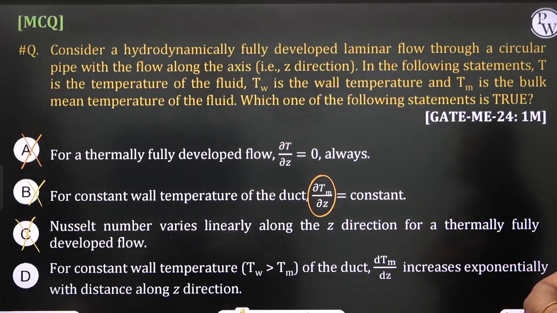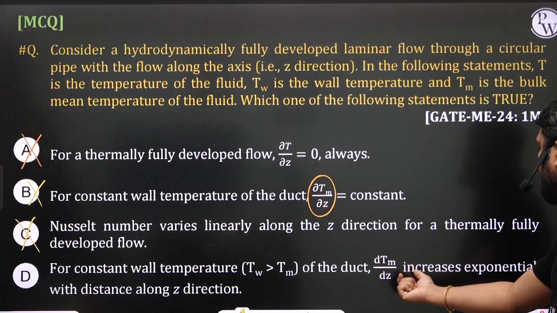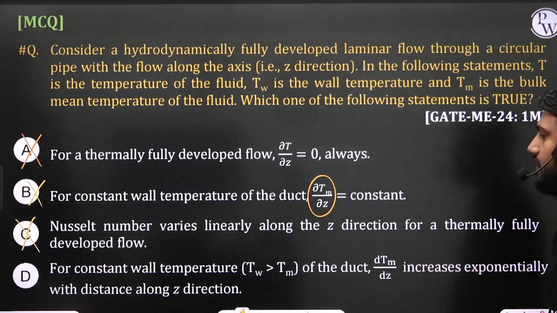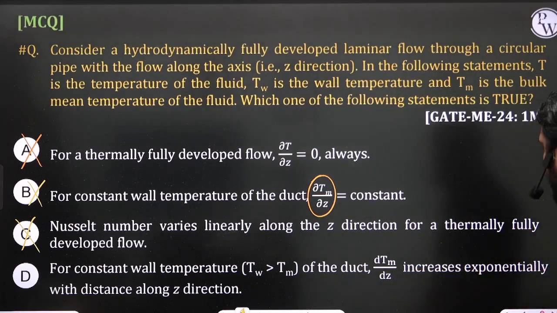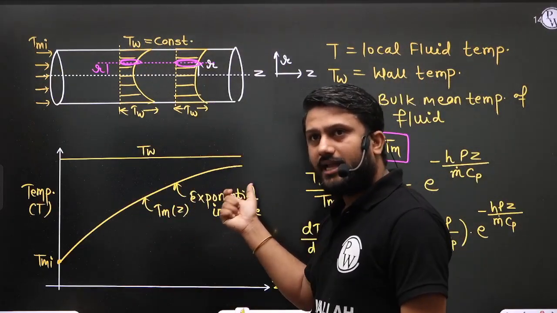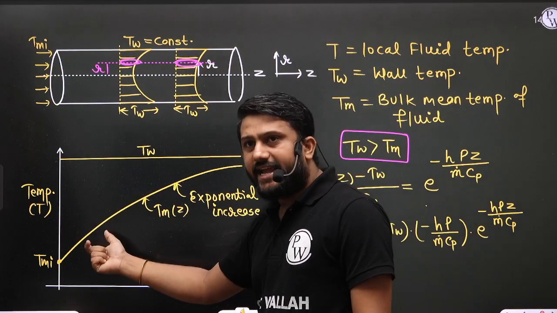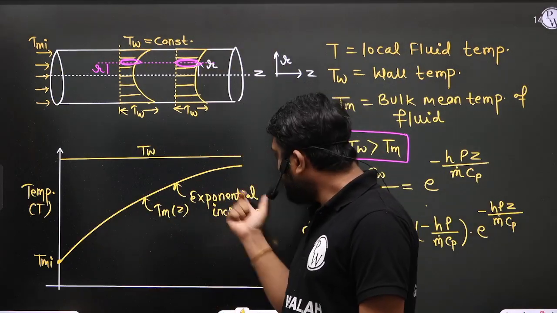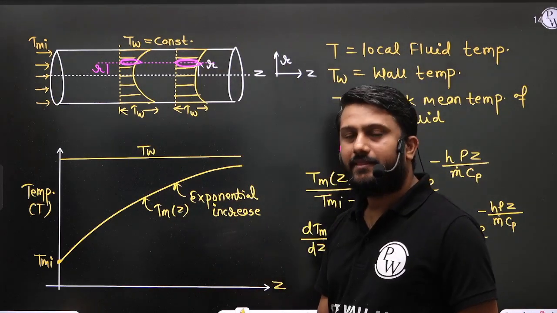Come to option D. For constant wall temperature of the duct, dTm by dz increases exponentially with distance along Z direction. So see, in this direction, Tm changes exponentially. That is absolutely correct.